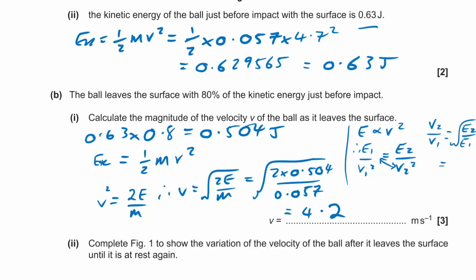And we know that this is equal to ultimately 0.8 because the second energy is only 0.8 of the original. And V1 we said was 4.7. All we have to do then is 4.7 times the square root of 0.8. And we do end up with exactly the same answer.